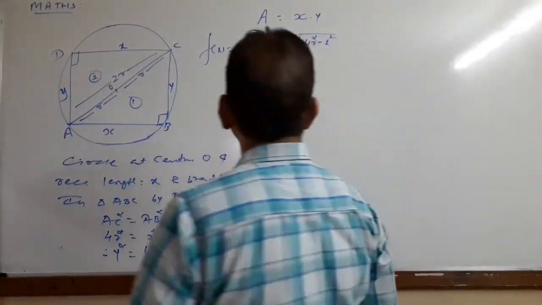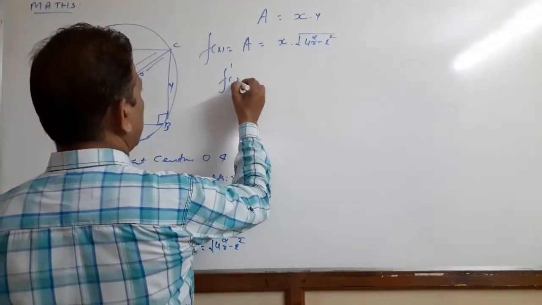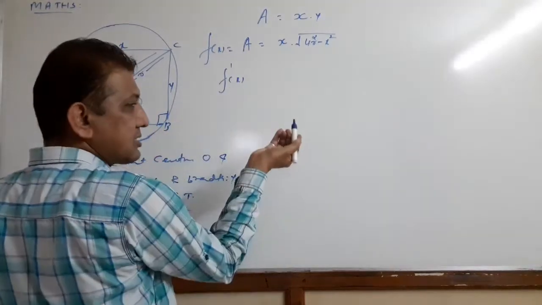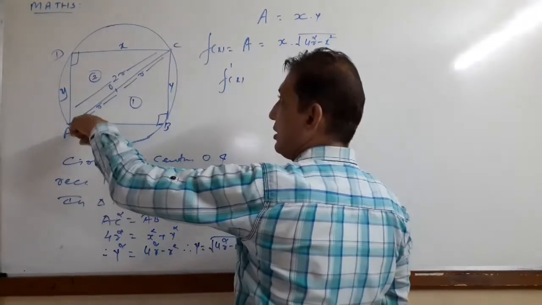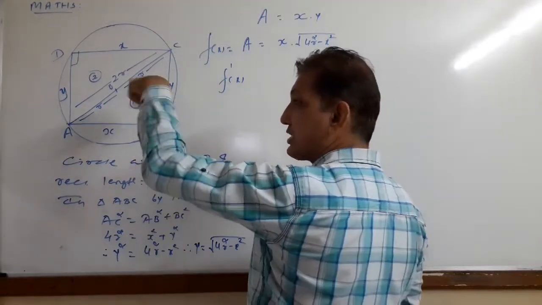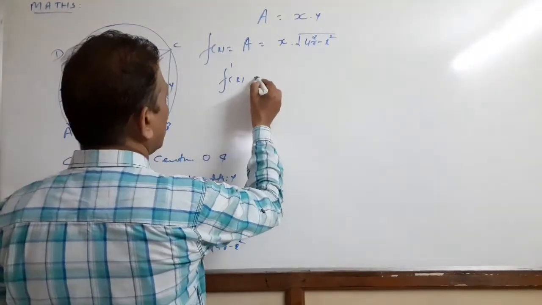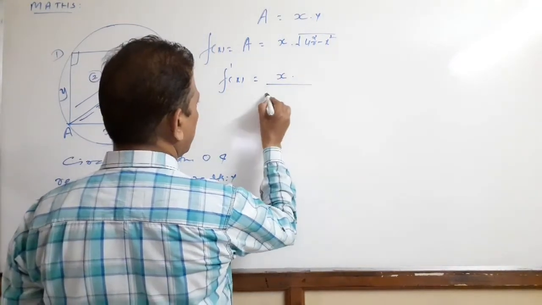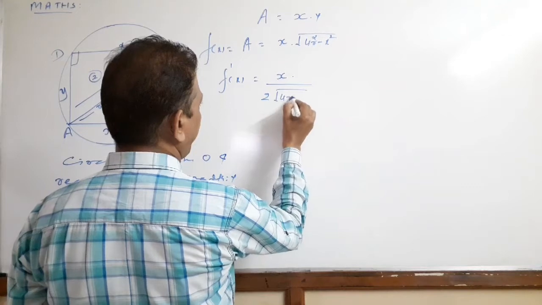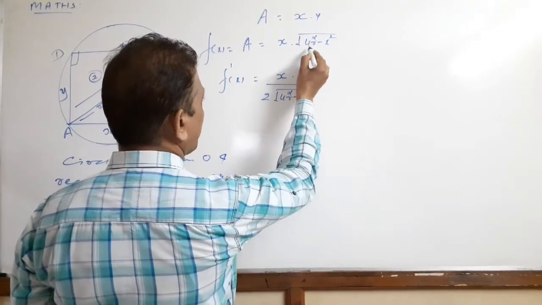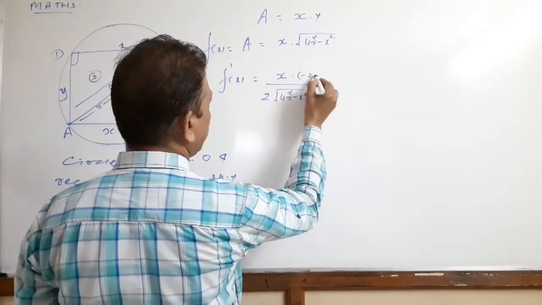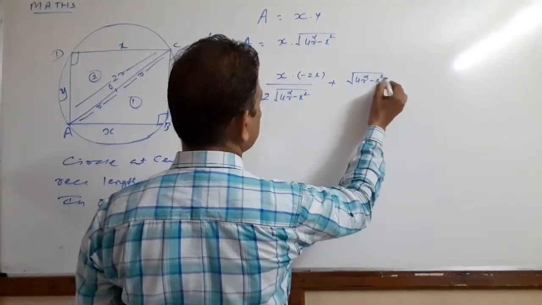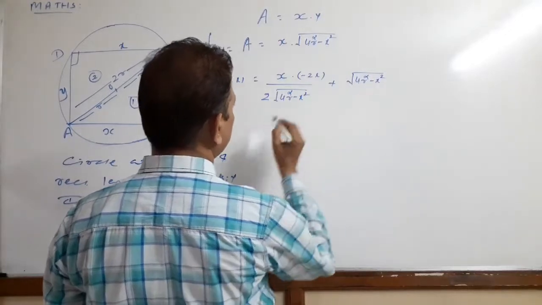Look here. Now f dash x, you can also write it as the derivative dA by dx. Here R is a constant because the radius can never change, as the circle is fixed in your question. Apply the multiplication rule. X as it is, times the derivative of the root, which is 1 by 2 root. The derivative of 4R square is 0, and the derivative of x square is minus 2x. Then 4R square minus x square as it is, times the derivative of x, which is 1.